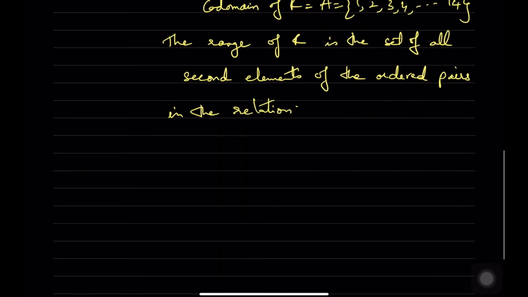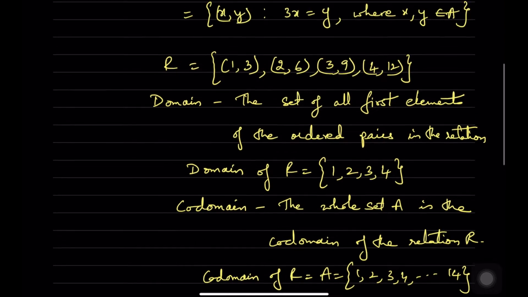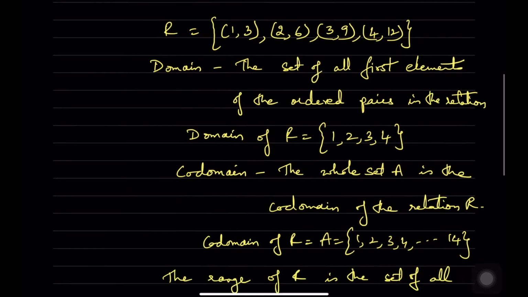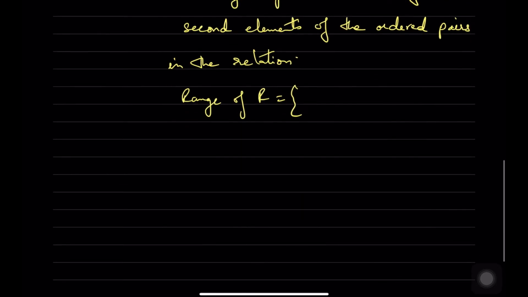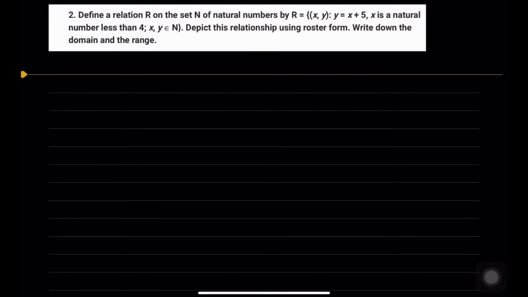So the range of R, from the ordered pairs, is 3, 6, 9 and 12. These are the range of R: 3, 6, 9, 12. So this is the solution for the first problem.